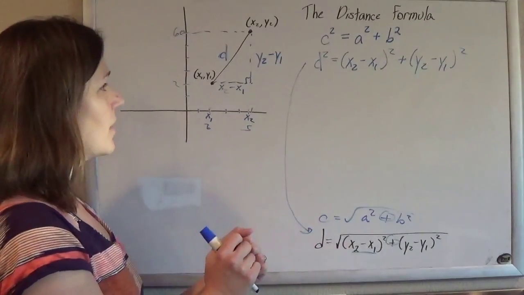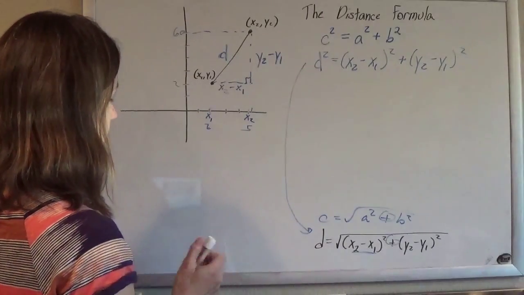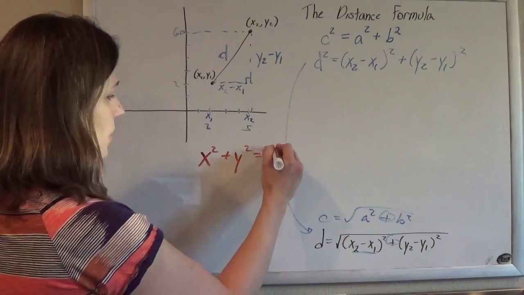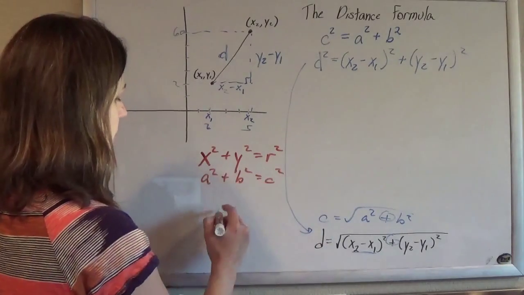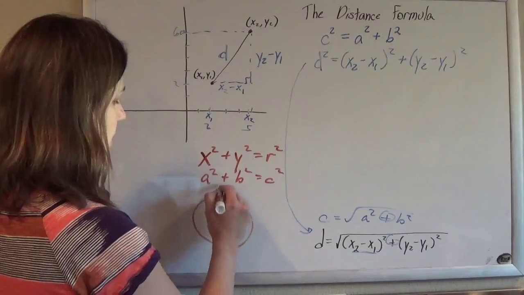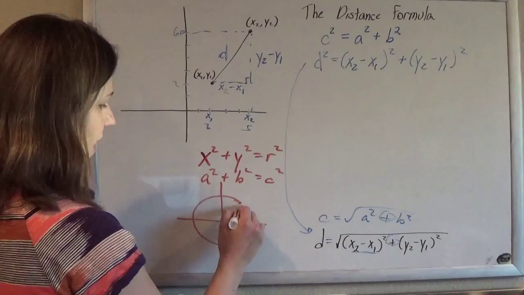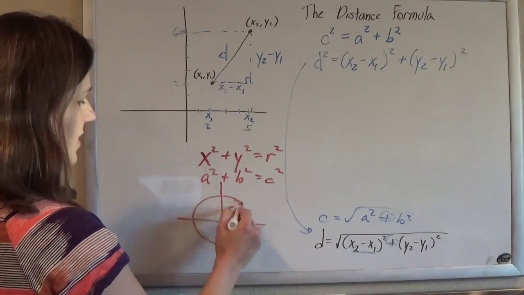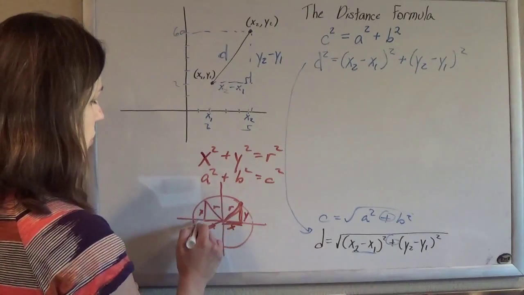Oh, the other thing too is that it's also the same thing as the formula for a circle. The x squared plus y squared equals r squared. That's a squared plus b squared equals c squared, because if a circle is on an xy axis, for that point there, the x is this, the y is that, and the r is the same no matter what triangle you draw.